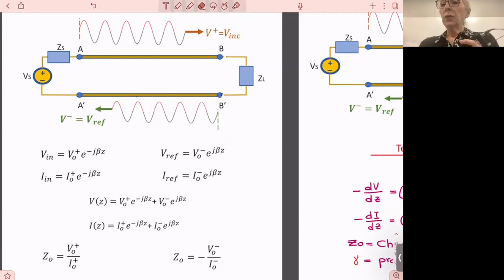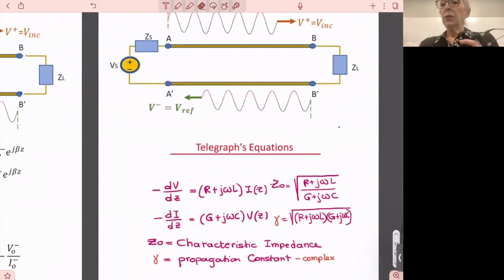We have 2 unknowns: V naught plus and V naught minus. If we find V naught plus, we know I naught plus. If we find V naught minus, we know I naught minus, because it's the characteristic impedance, but with a negative sign. Make sure you pay attention to the negative sign, because a lot of us forget it.